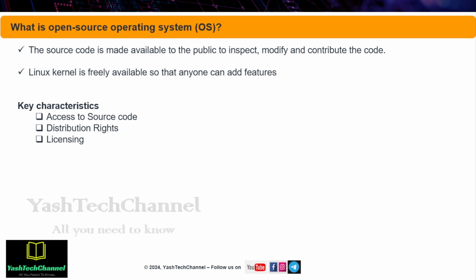Developers and users collaborate in the development process, testing process, and improvement of the software. Communication usually happens through forums, mailing lists, or version control systems.